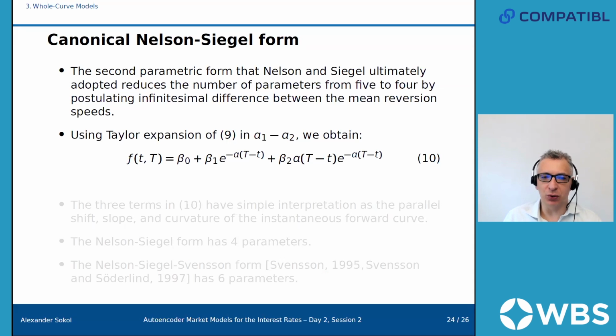This is actually totally opposite to what two-factor Hull-White does, because in two-factor Hull-White, one reversion is fast and one is very slow. Nelson and Siegel assumed that they're very close to each other and did a Taylor expansion in the difference. So they obtained this form. And when you integrate this form over time, that's how you get their formula for the zero rate. So that's the classical canonical Nelson-Siegel, but for the forward rate.